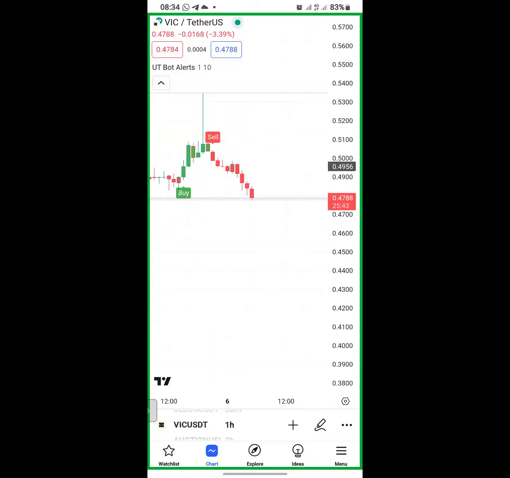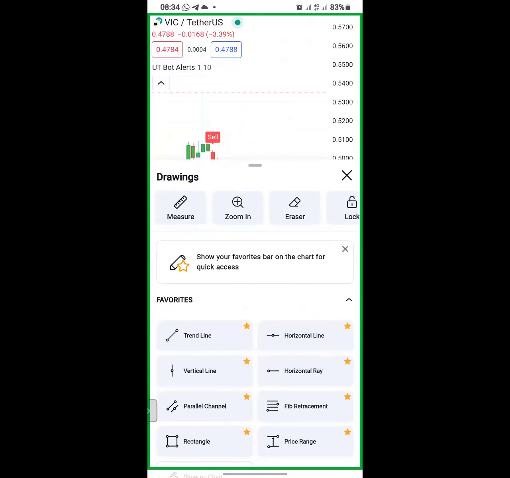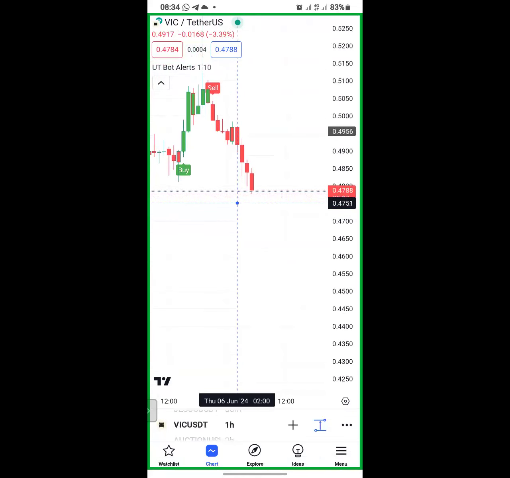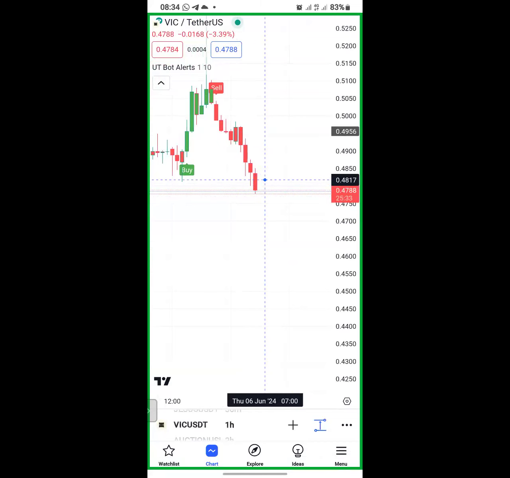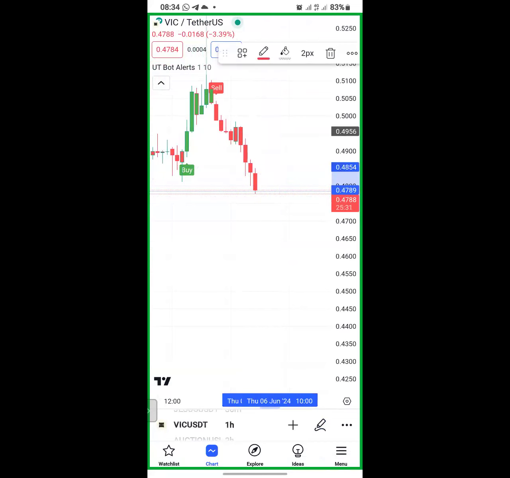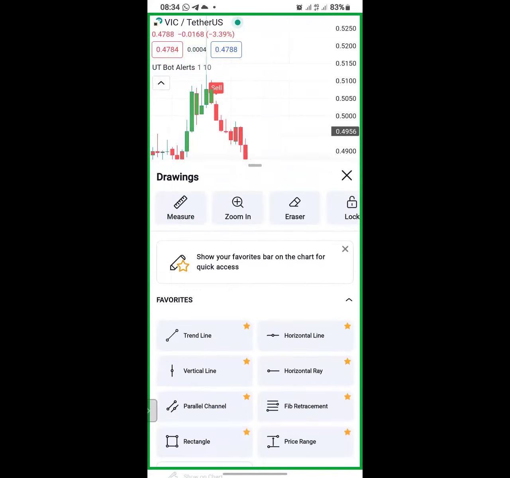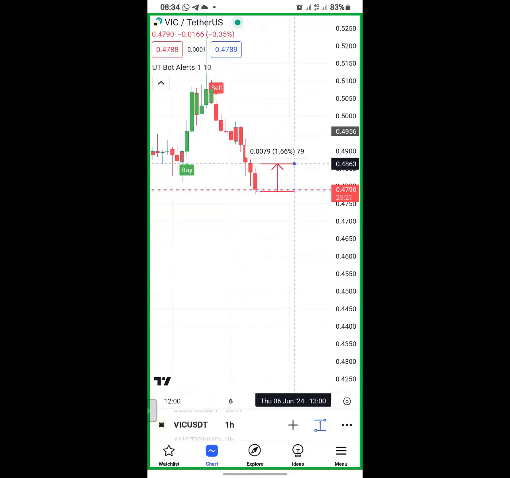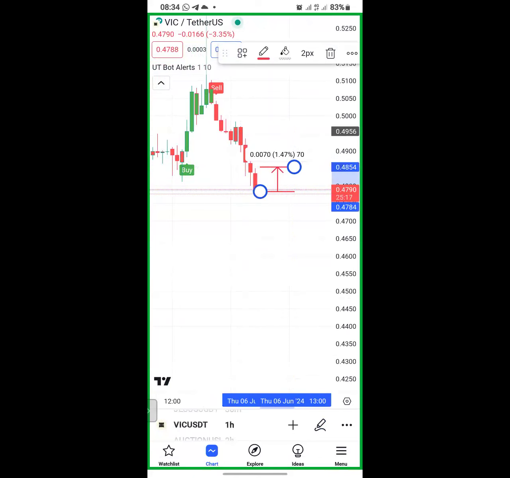So this is what I mean, that if you've ordered your bot, let's say that it increased by the price of... let me try to make it big.